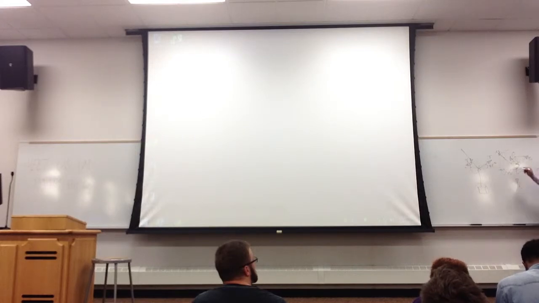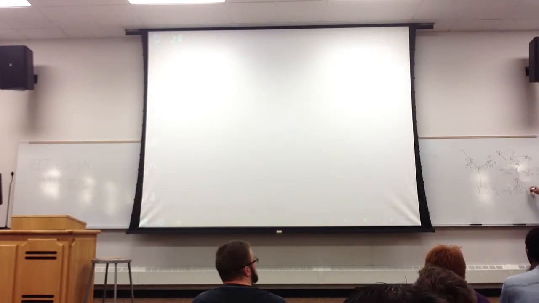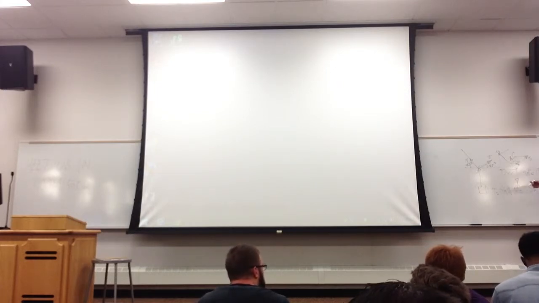So in this case, T2 sine of pi over 2 minus beta is equal to T1 sine of pi over 2 minus alpha. Basically, we're looking at their projection on the x-axis.